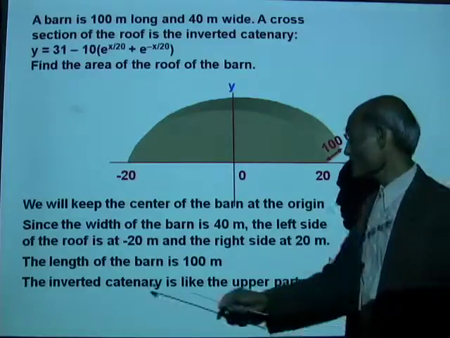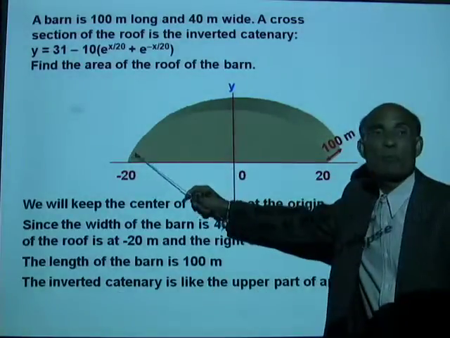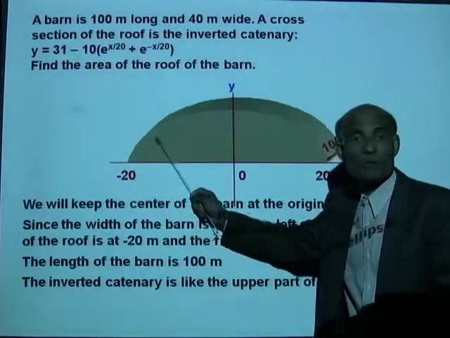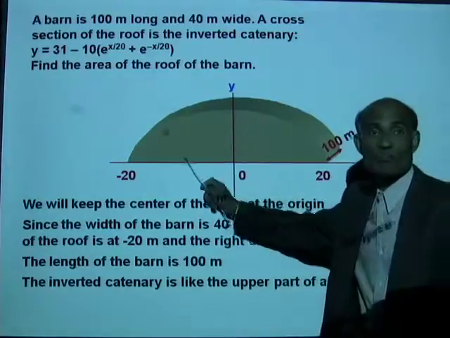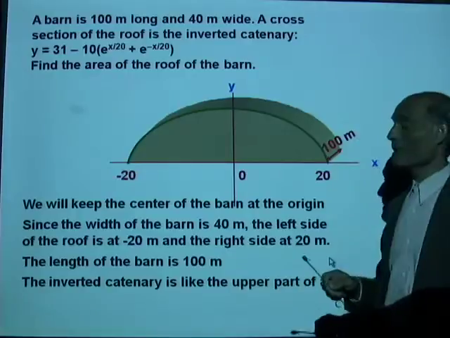Alright, so the inverted catenary is like the upper part of an ellipse. Doesn't it look like the upper part of an ellipse? If that is the upper part and that's the lower part, you actually get an ellipse.